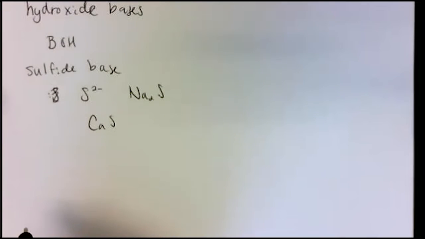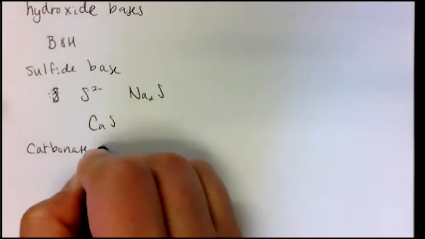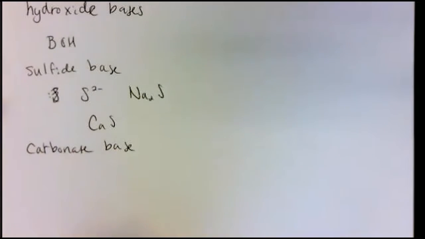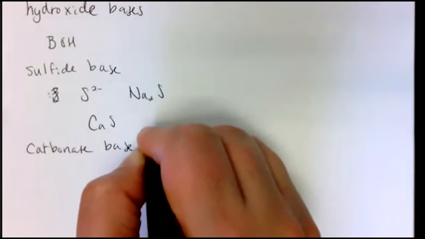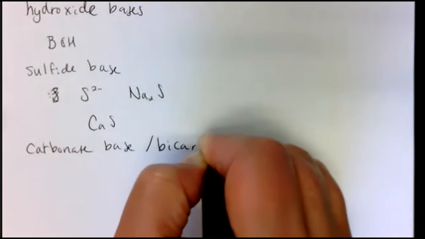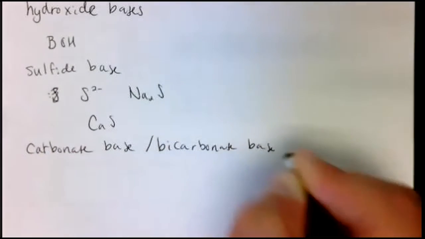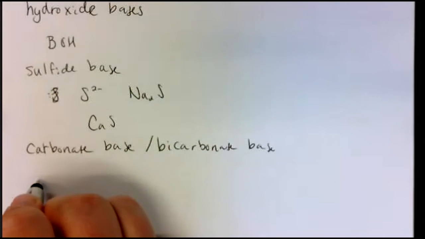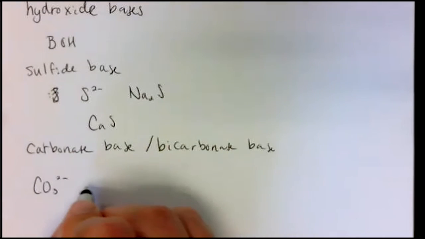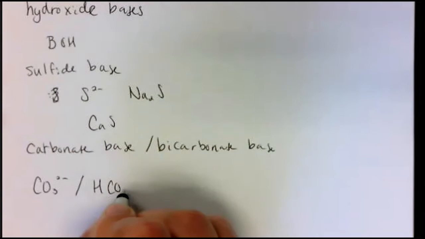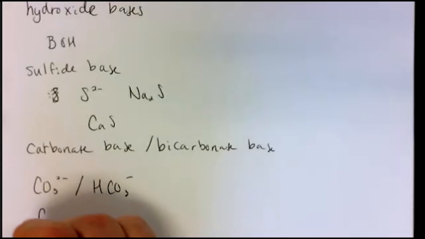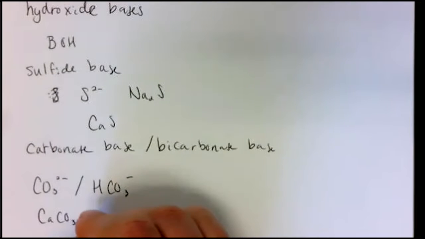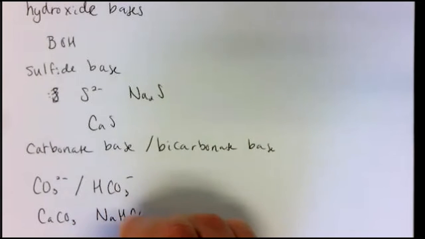And then you also have carbonate bases. So carbonate base, or a bicarbonate base, both of these are considered bases. It's going to have CO3 2 minus or HCO3 minus plus a cation. So something like calcium carbonate would be a base, something like sodium bicarbonate would be a base.